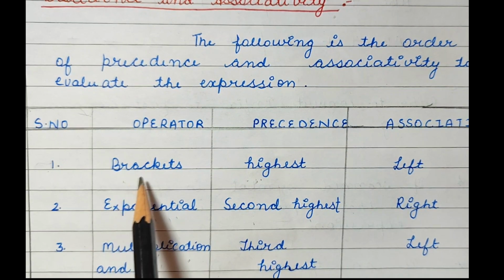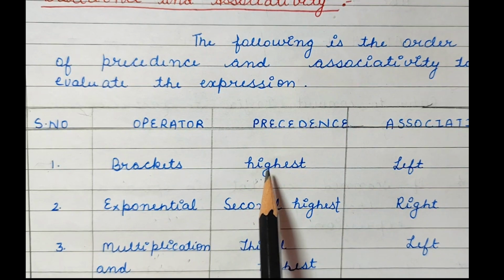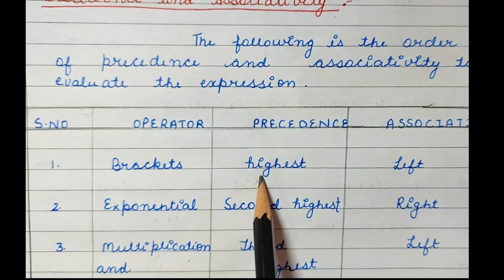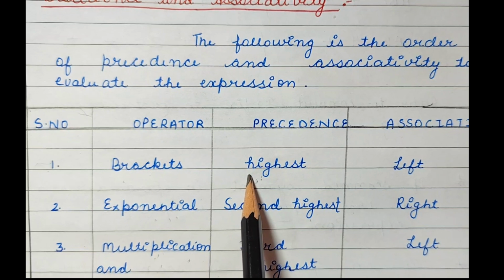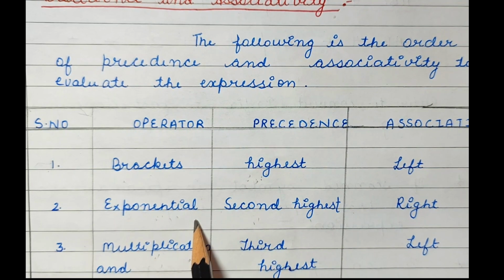So in precedence, brackets have the highest priority. If in expression there is any bracket, we have to solve the bracket first. After this, second priority is of exponential. If in expression there is any exponential operator, we have to evaluate first the exponential operator after the bracket.